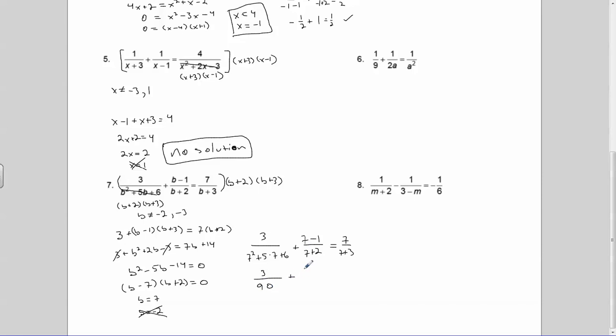This one becomes 6 over 9, and that's equal to 7 over 10. If we multiply this by 10 to get our common denominator, we have 60 over 90, and that will give us 63 over 90 equals 7 over 10. And this can be simplified by dividing by 9. We get 7 over 10. So that checks out. B equals 7.